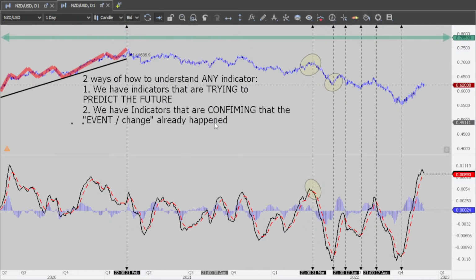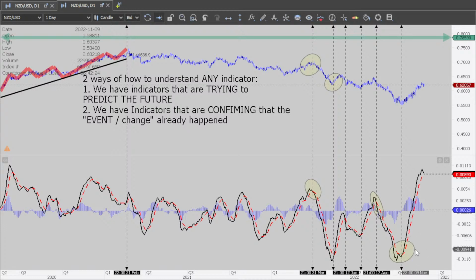You have two types of indicators. MACD is one of the indicators that confirm that the event or the change already happened. Somebody was asking, not on YouTube but on the other streaming platform, how does MACD know? MACD is just confirming what is seen on the chart. Does this make sense, everybody?